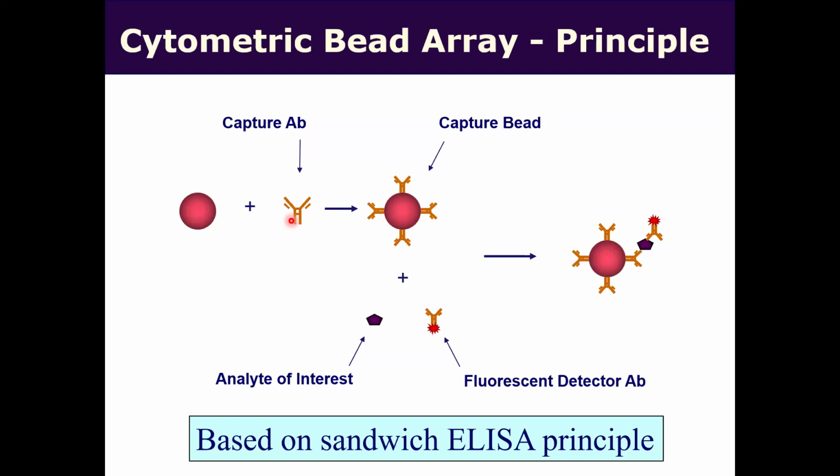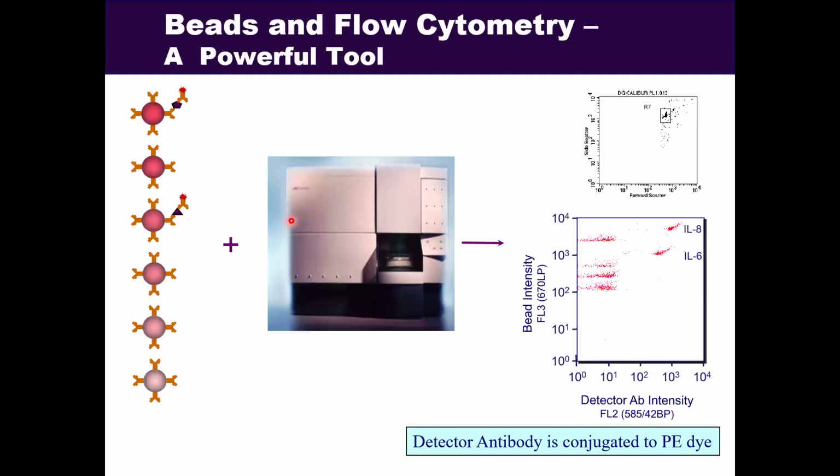But in a CBA kind of assay, you have to do nothing. You just have to make a cocktail, adding some buffer. Then you put your sample in that. Then you add another buffer. Finish, you got your sample ready. Now you go to the flow cytometer and read it. This is how your CBA assay looks. For example, this is your IL-8, IL-6, and these are other interleukins.